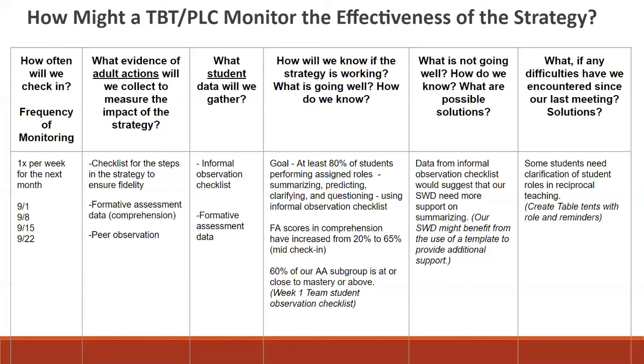When the team looked at their formative assessment scores and comprehension, they noticed that student performance had increased from 20% to 65%, and this was at the mid-check-in point. They also noted that 60% of their African American subgroup is at or close to mastery or above. This was during week 1 when the team observation checklist was utilized.